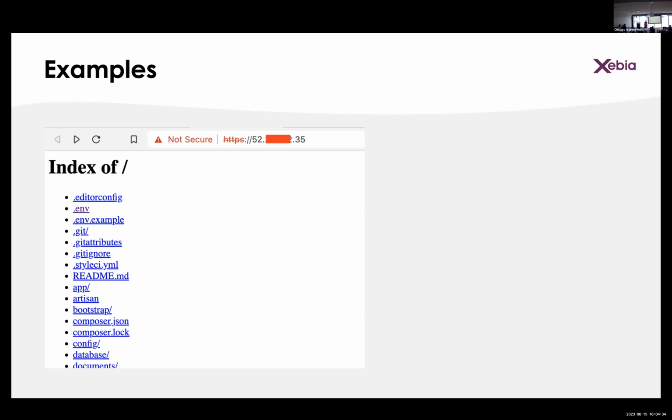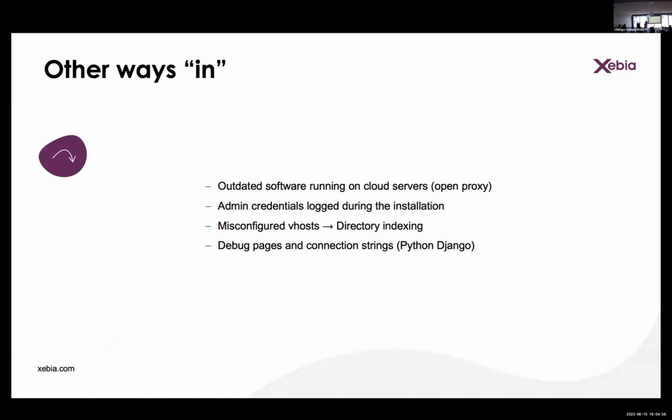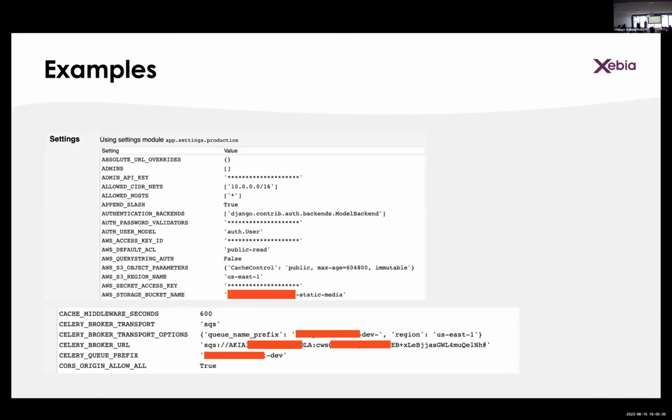But if you access it by IP, like in this case, your vhost is not configured to grab the IP, and it goes to the default one. And the default one is usually one or two stories up. So hey, this is the list of your files, and this one is interesting, the .env file, because usually this is where I find credentials.